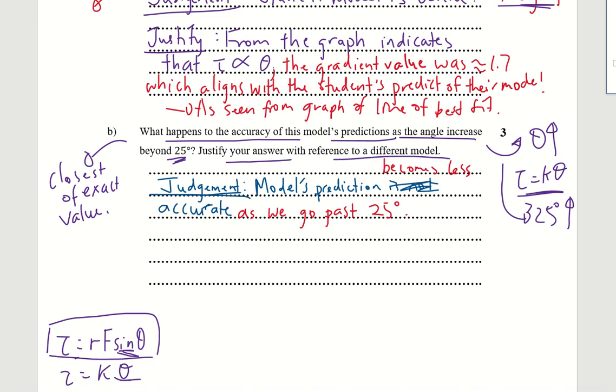Okay, so let's also state an alternative model. So our alternative model is that tau equals RF sine theta instead of tau equals k theta.